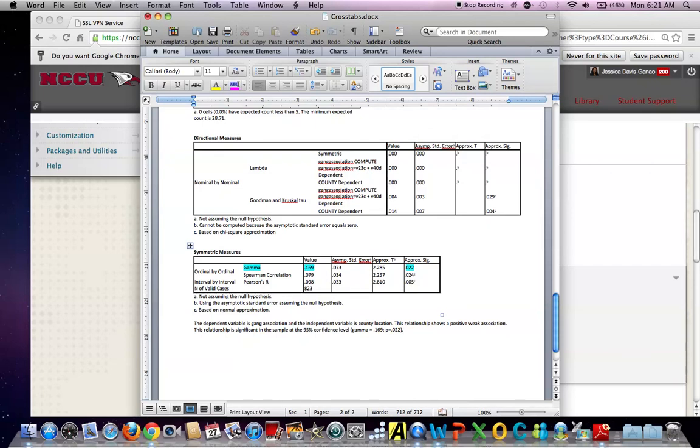This relationship can be inferred to the population as chi-square is significant.